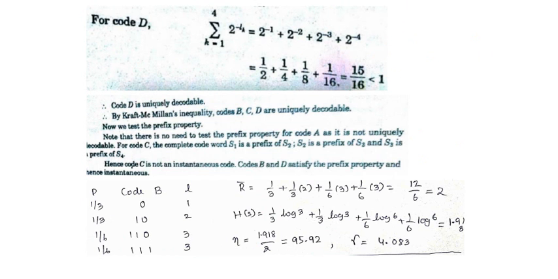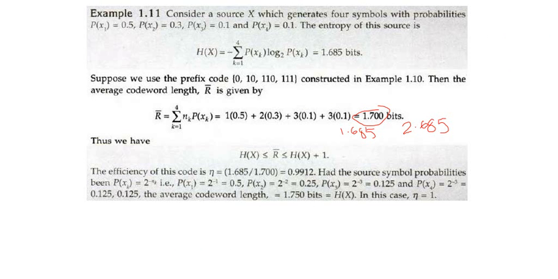R bar is the average code word length. So average code word length is defined as R bar equal to summation of k from 1 to 4 of nk times p of xk.